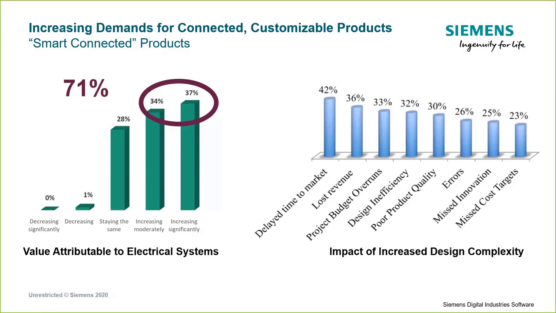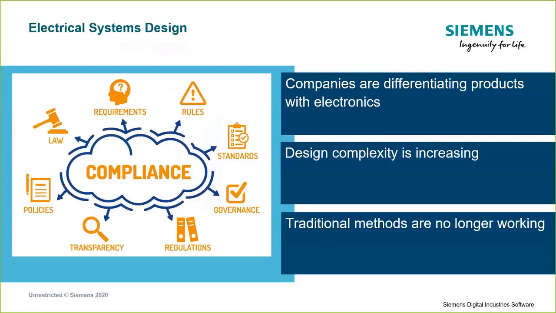So this is what's happening in the industry. The companies feel it. The design engineer teams feel it, but yet the electronics is so important in what they do. They're recognizing that that's how they differentiate their products, by adding this electronics into their products and systems.